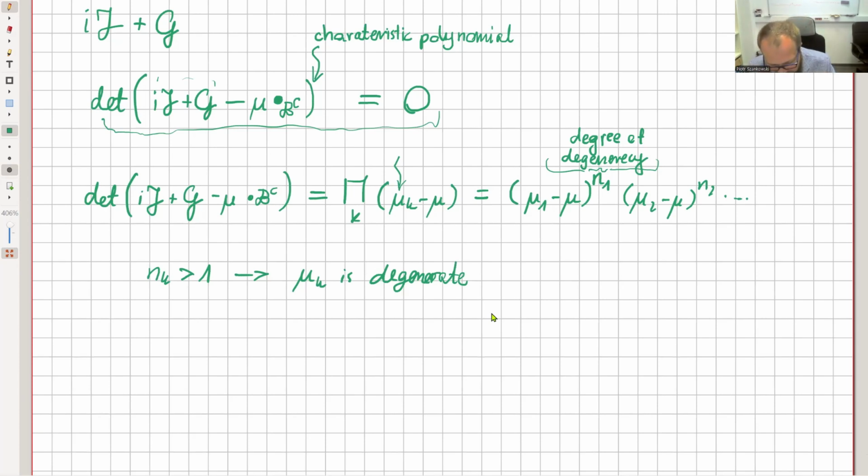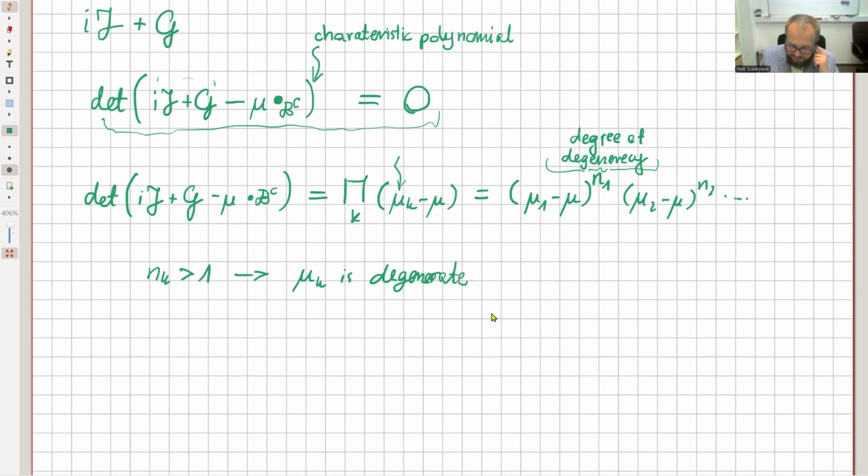It may happen that the number of linearly independent eigenvectors corresponding to the degenerate eigenvalue is smaller than the degree of degeneracy. Let's say you have an eigenvalue mu_1 with degree 3, but you have only 2 linearly independent eigenvectors corresponding to those 3 eigenvalues.